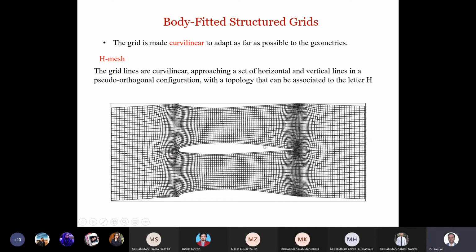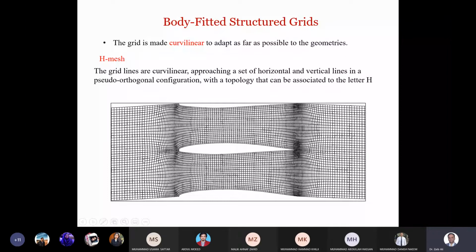And for simple geometries like this flow around an aerofoil, there are various subcategories of body fitted structured mesh. For example, the first one is the H mesh. H means it resembles the shape of this alphabet. So if you see here, this is an H shape mesh.